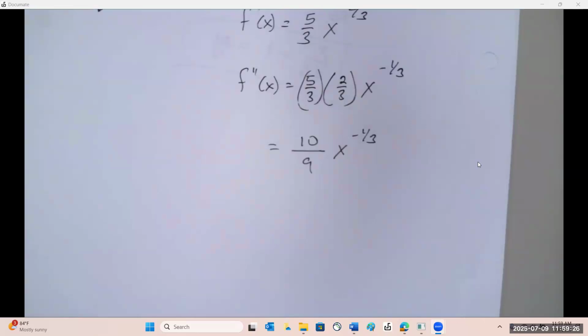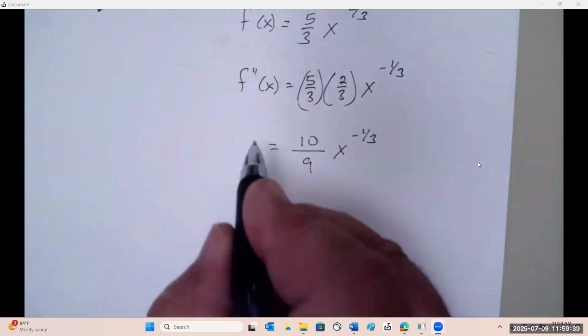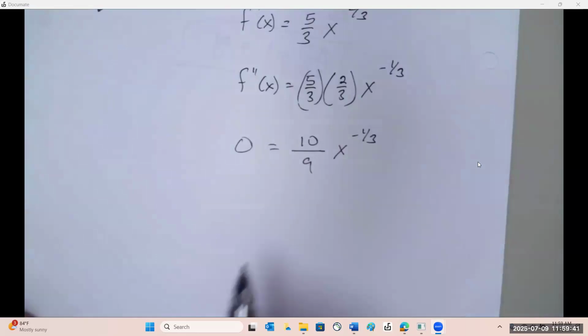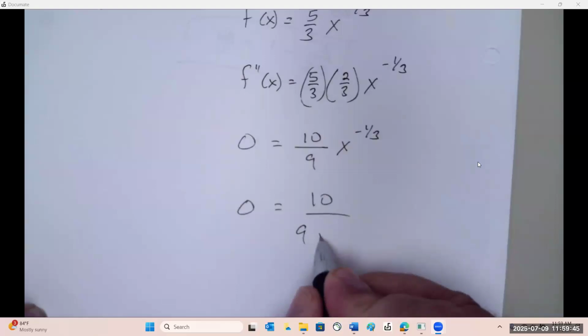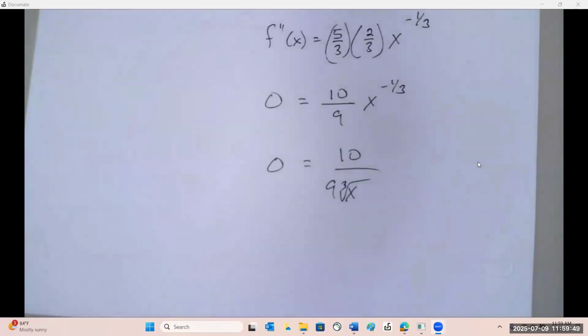So what's the point of inflection? Can you set it equal to 0? This equation will look like that. Can it equal 0?